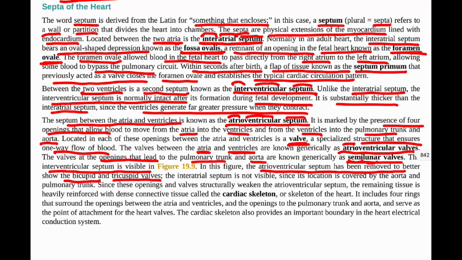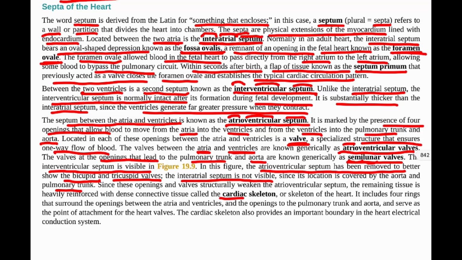Since these openings and valves structurally weaken the atrioventricular septum, the remaining tissue is heavily reinforced with dense connective tissue called the cardiac skeleton, or skeleton of the heart. So the remaining tissue that is heavily reinforced, with dense connective tissue, is the cardiac skeleton.